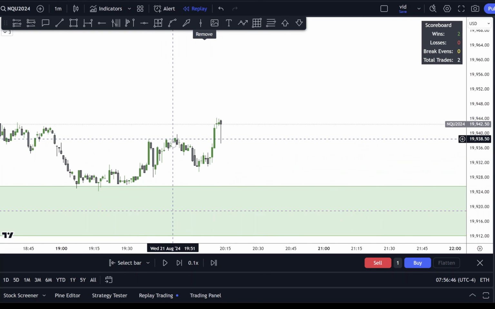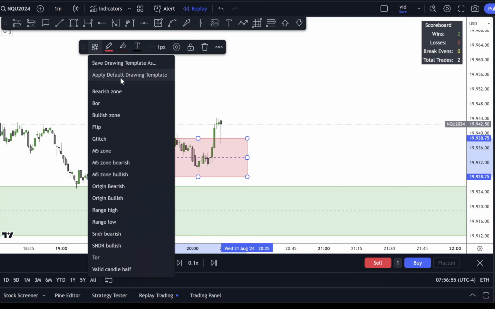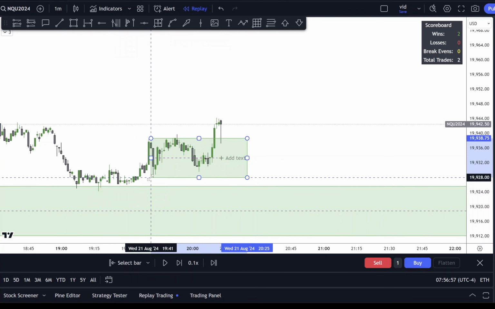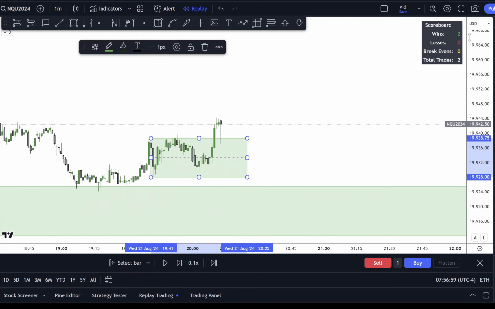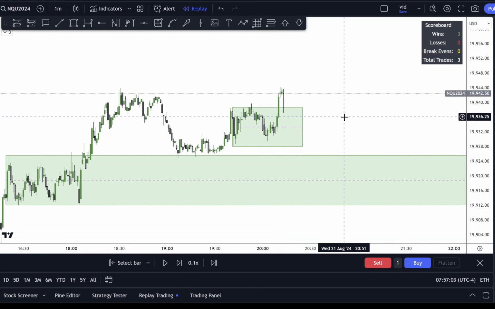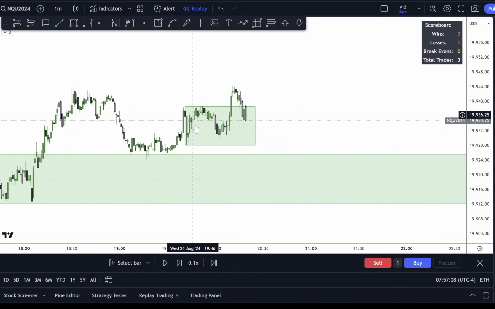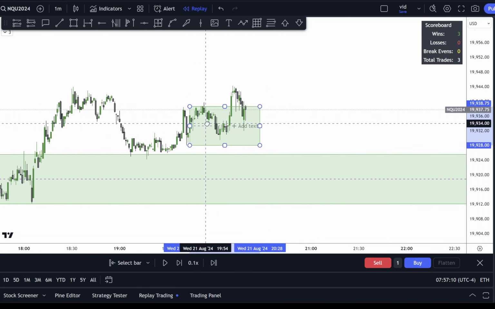And we closed above this week high. Okay, so this was another bullish zone. Okay, so that was a bullish zone, and the one-to-one was given again. Okay, so that's 3 wins. Or you just keep taking these trades till you get a loss or the trend changes.